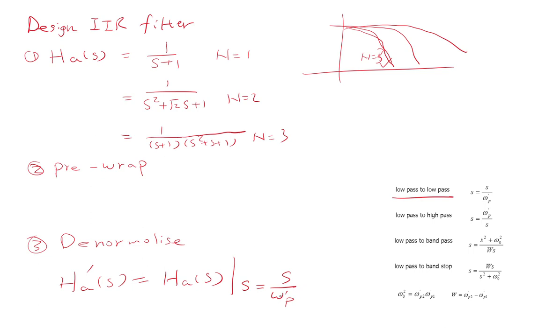It's coming from the cutoff frequency or passing band frequency omega p here. So let's look at how the warp thing works. This omega passing band hat equals tangent of omega p, the passing band, multiplied by T over 2.